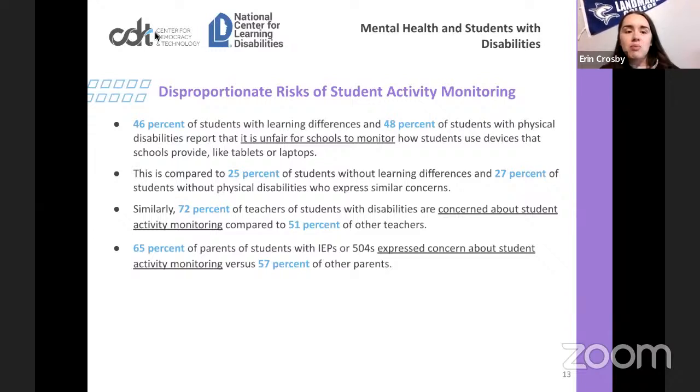In terms of the increased concerns, both during my time at NCLD, when I was in college, and as a teacher who had to student teach during the remote learning age, this technology was used to determine whether students were, one, attempting to log on, and two, what they were doing with work, since there's only so much we can do remotely to help them. But in terms of the concerns, a lot of us know that our students with disabilities are more likely to be disciplined compared to students without disabilities.